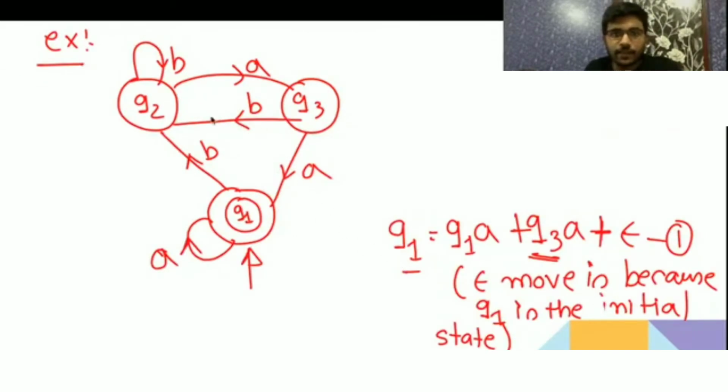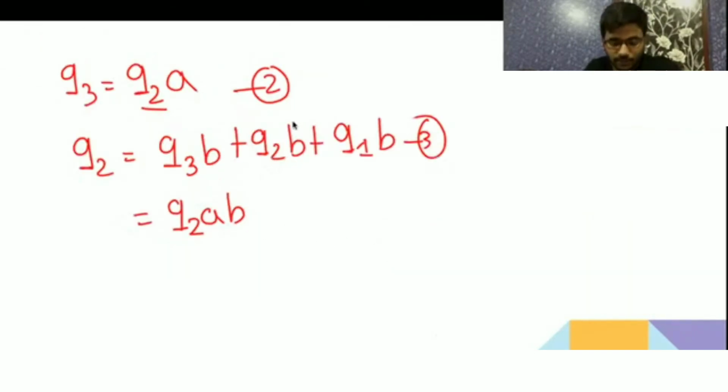One minute, let me write. I am going through the previous and final slide, so let me write here only. So Q2 I am reaching by Q2B, then Q1B and Q3B, so that I can write.